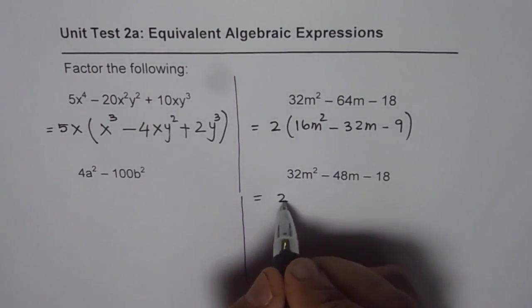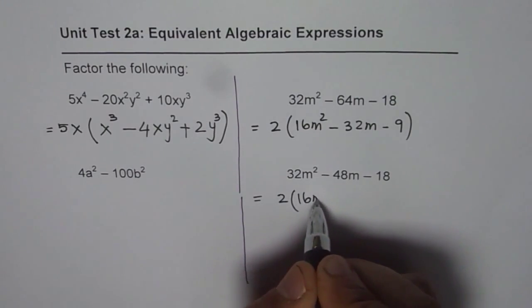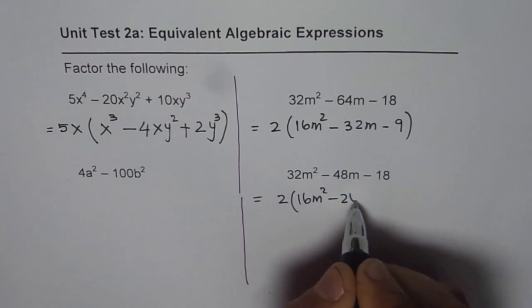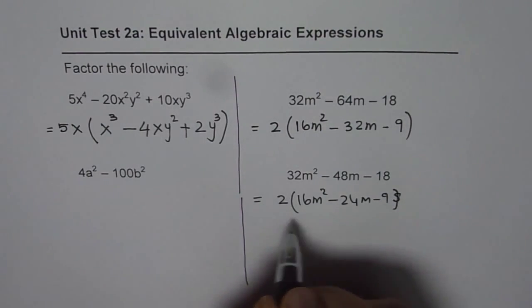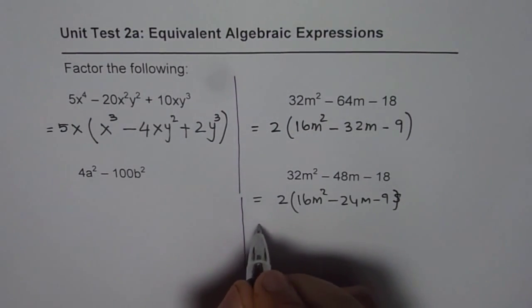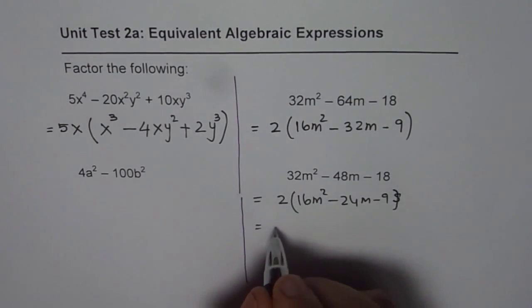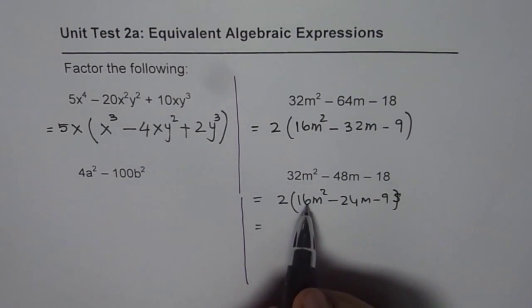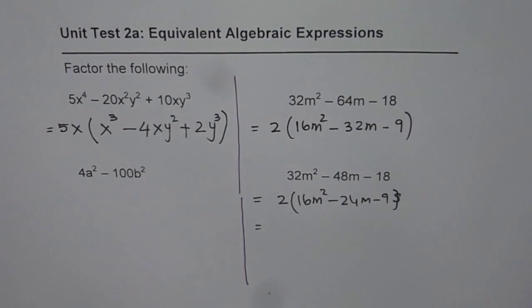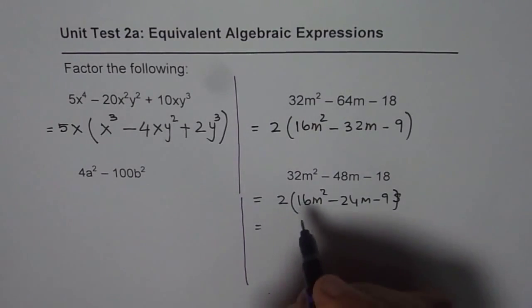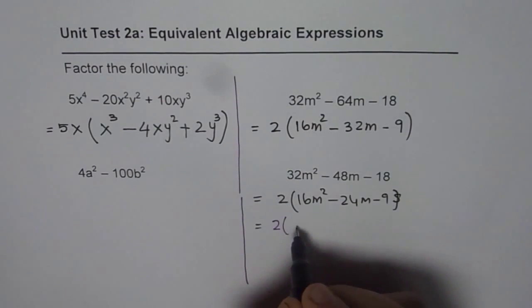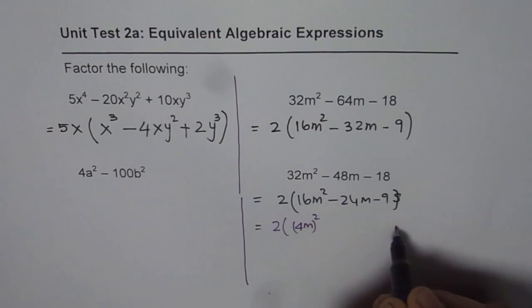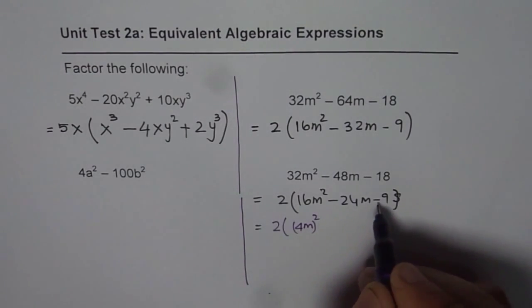So we'll again take 2 common. So in this case we get 16m square minus 24m minus 9 when I take away 2 common, correct? Now this is a perfect square. We could write 16 as 4m whole square, right? Well, this is negative.